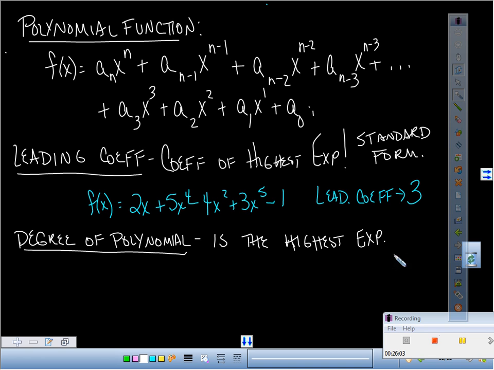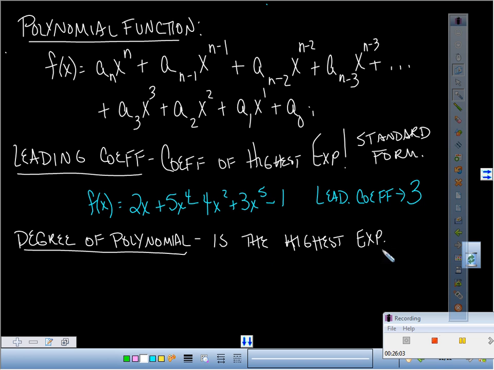The leading coefficient, what if you had plus 3x to the 4th? Oh, it'd still be 3. It'd still just be 3. Even if you guess the wrong one sometimes, you have an opportunity to get it right. But it is just the coefficient. But y'all listen to me. Does it include his sign? If this were a minus 3x to the 5th, could you just put a 3? What would you have to put? Negative 3, minus 3, okay?